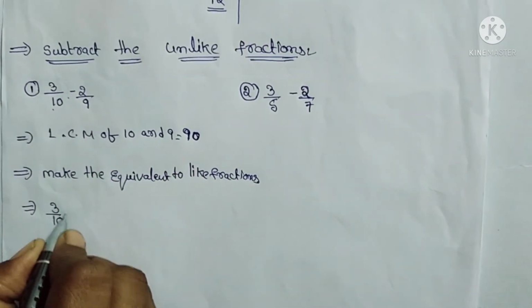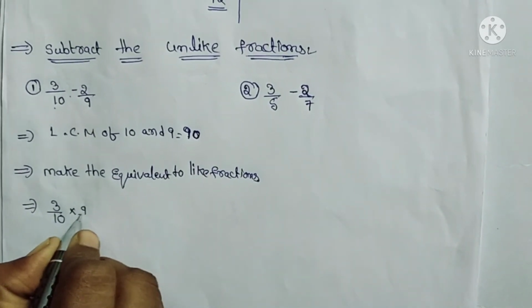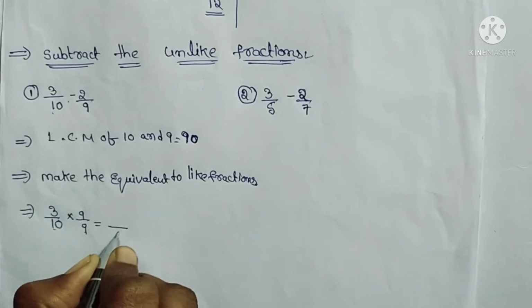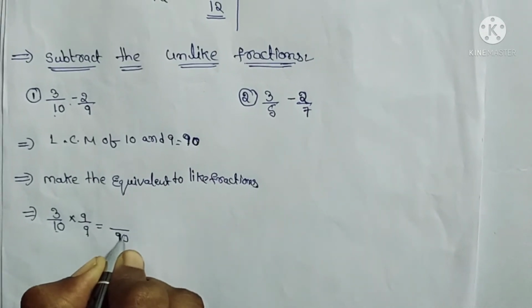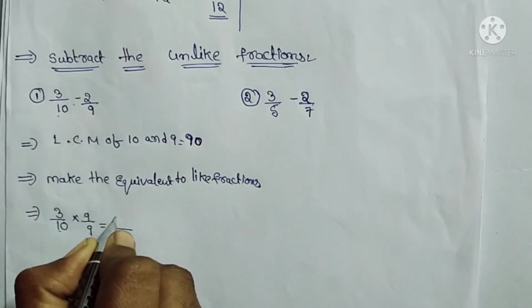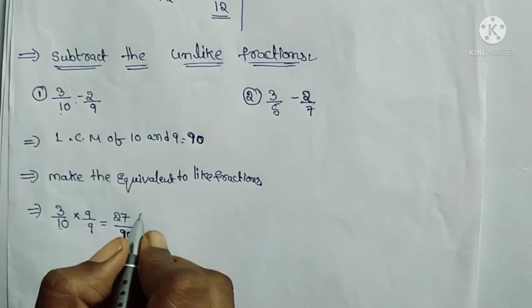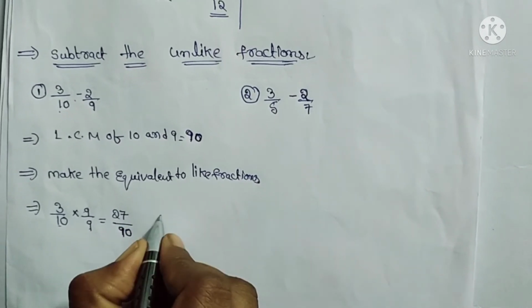So, 10 is multiplied by 9 by 9. 10 nines are 90, the denominator is 90. 9 threes are 27.